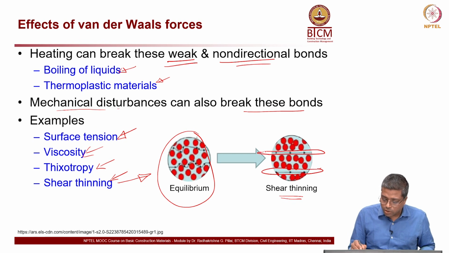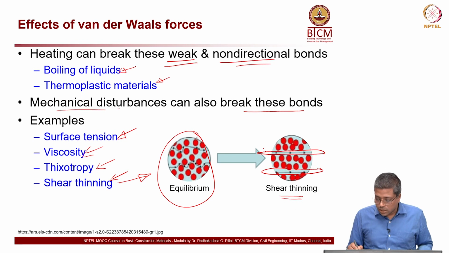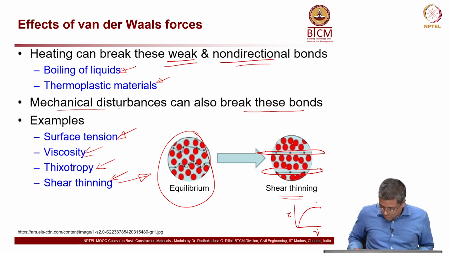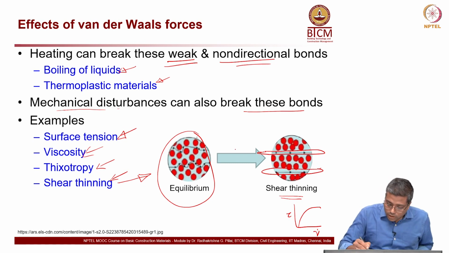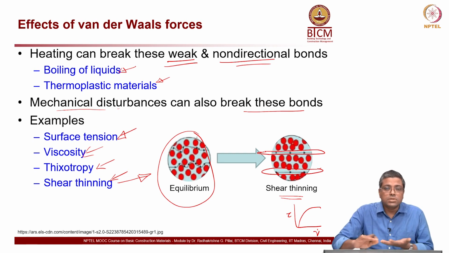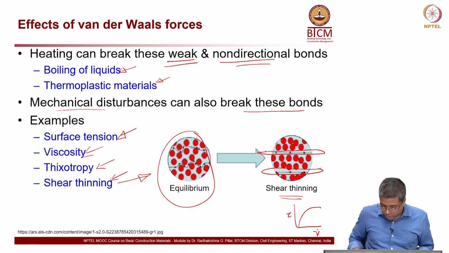Okay, so you can look back at the viscoelasticity discussion where we talked about what shear thinning is. So, it was something like this, where you have shear stress, shear rate, and then the material behaving like this. Okay. So, here the weakest bonds break first, and that allows the material to flow.